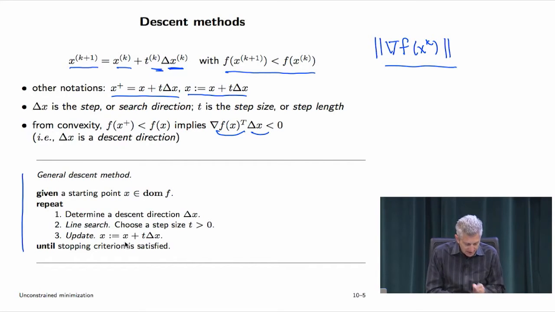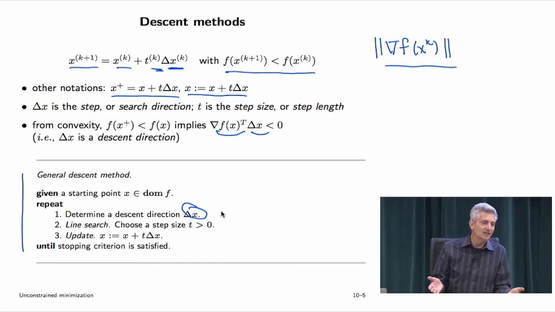And then you update. And then you do this until a stopping criterion is satisfied. In fact, the real control flow in a real algorithm doesn't quite look like this, because when you calculate this, you would look at its norm, and if the norm is less than some tolerance, you'd break. So the control flow doesn't look exactly like this, but it looks close enough. Okay, this is the idea.